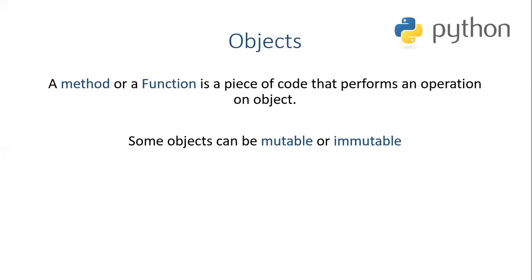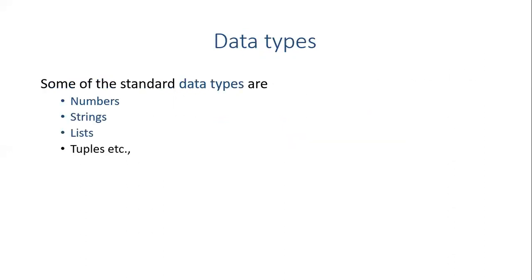But if it's immutable, once you have created or executed, you won't be able to change the value anymore. Those kinds of objects are called immutable. And some of the standard data types that I'm going to show today are numbers, strings, and lists.